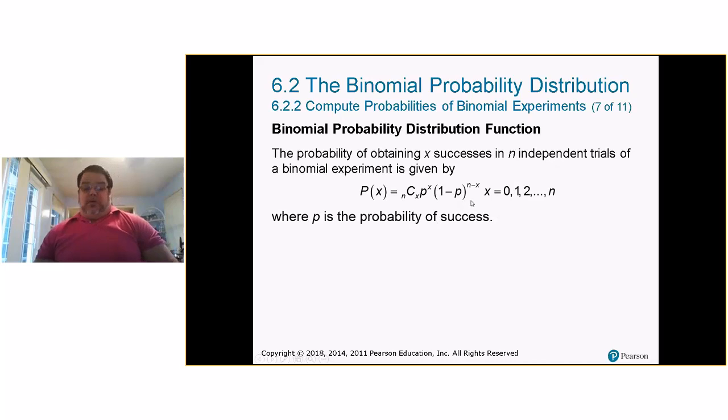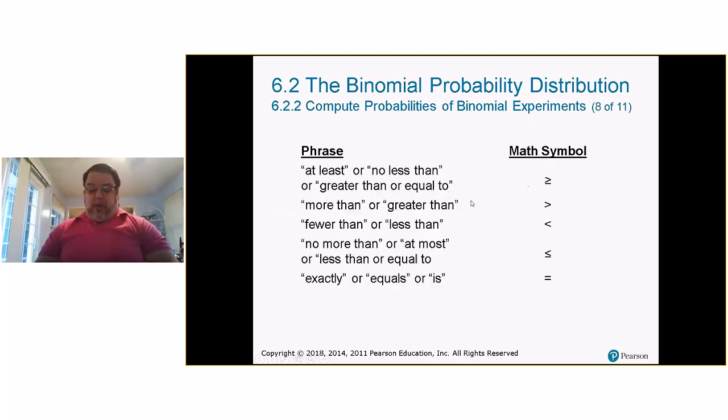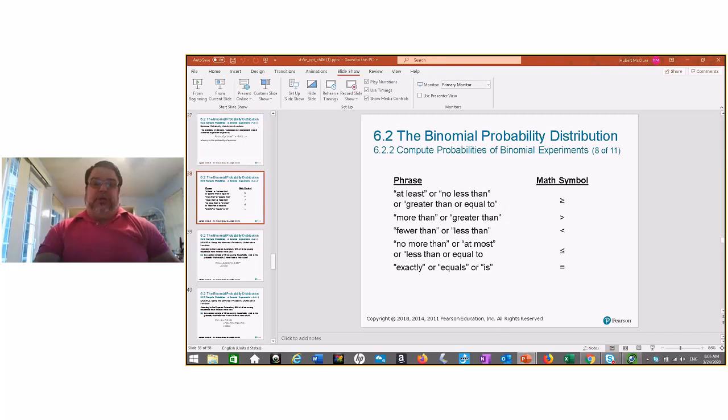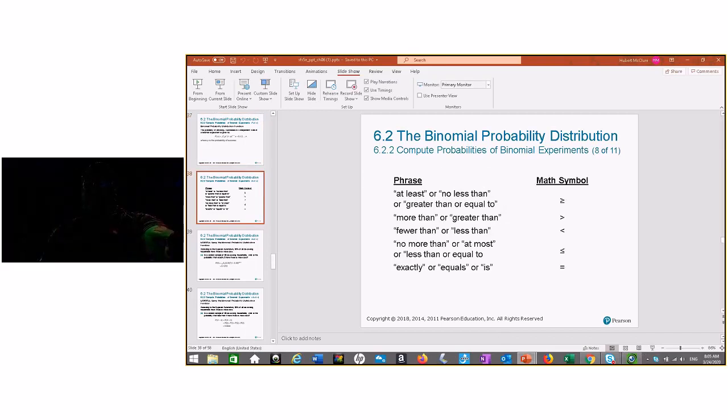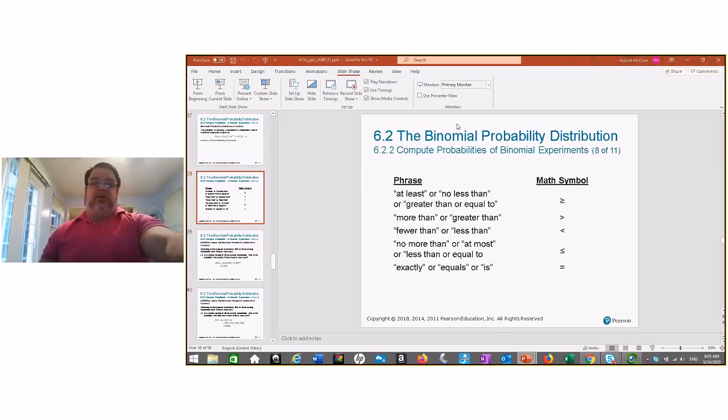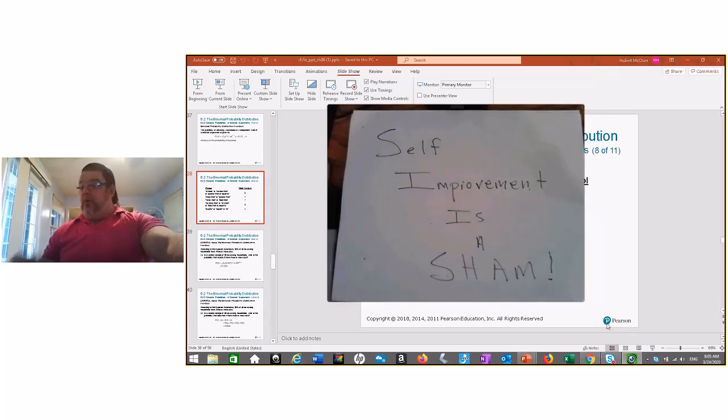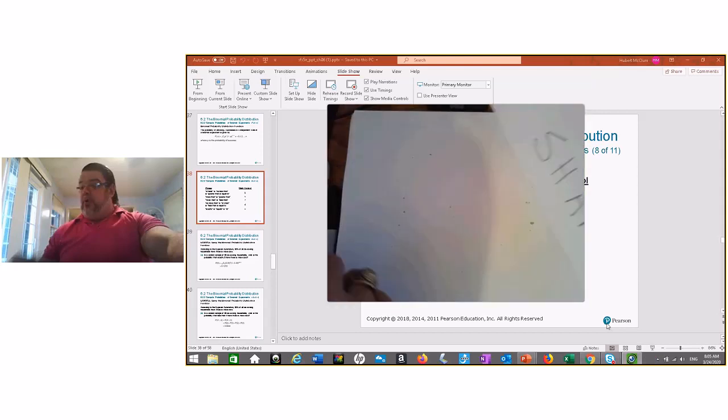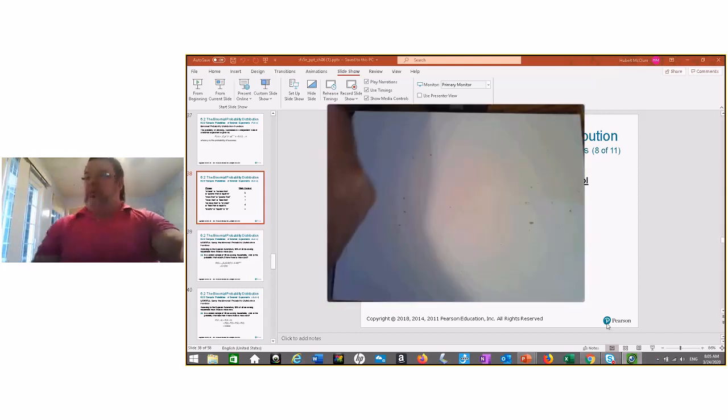Okay, and we talked about the symbols, and I told you that you need to make sure you use a number line whenever you're dealing with NPX, because when you're dealing with NPX, you also have to deal with the number line.